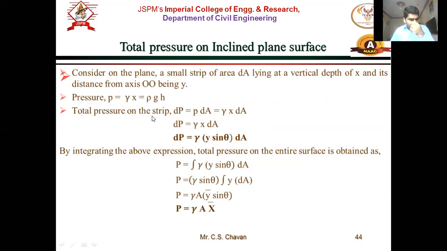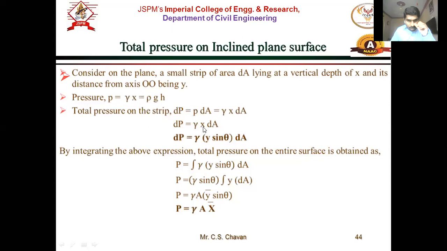So what will be the total pressure over this entire strip? It is dP equal to pressure into dA. So area is dA, that is gamma x into dA, right?